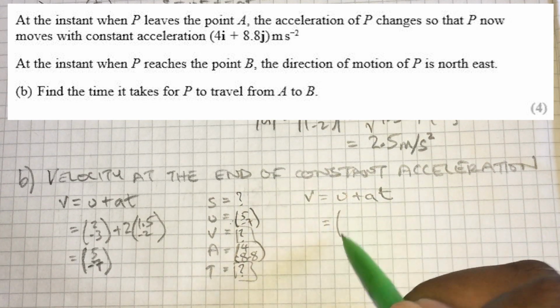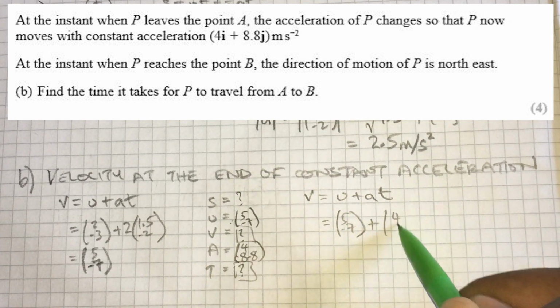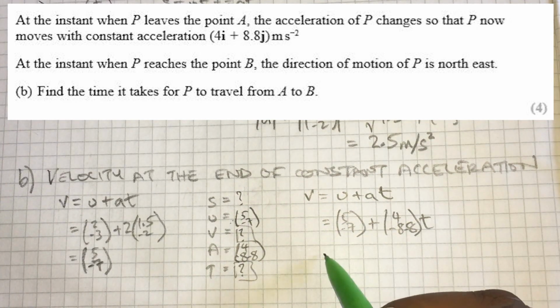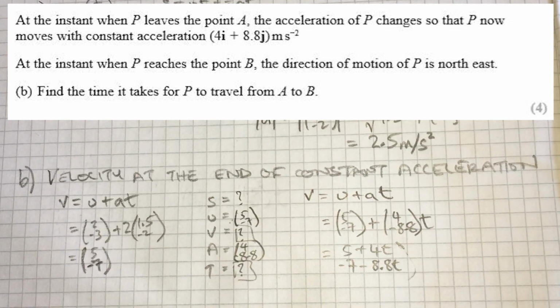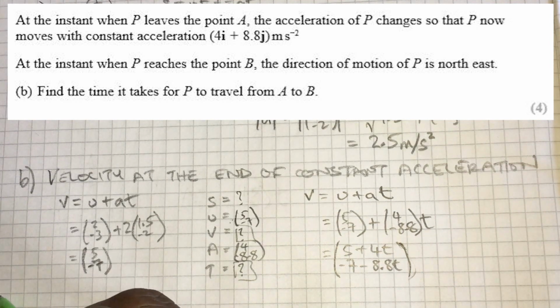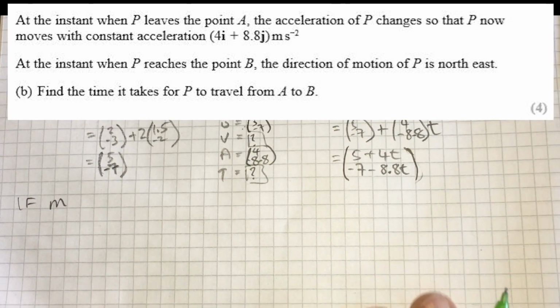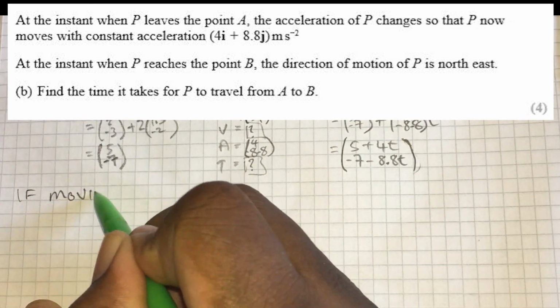Okay, so an expression for the final velocity, or the velocity at any point on this journey, we can get an expression. And that expression is 5 plus 4t for the horizontal component, and -7 plus 8.8t for the vertical component.